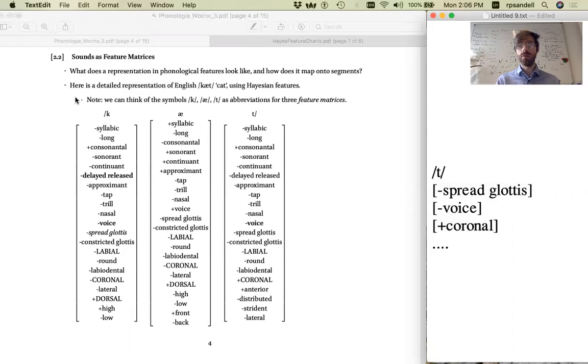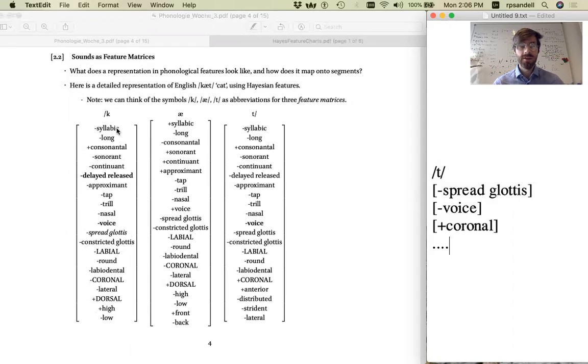In this case, and in general, we can think of all of these international phonetic alphabet symbols that we use to represent the phonemes of a given language as sorts of abbreviations for matrices of features, for groups of features that characterize these sounds. So, for instance, the sound ka is characterized by all of these features here.